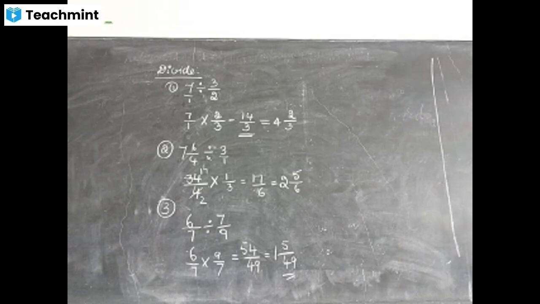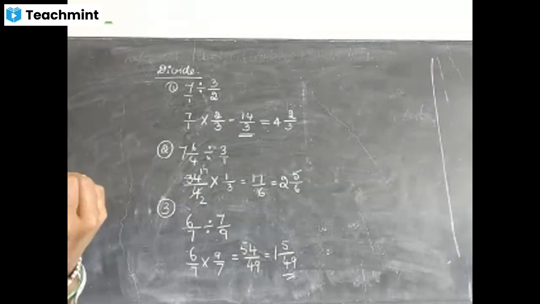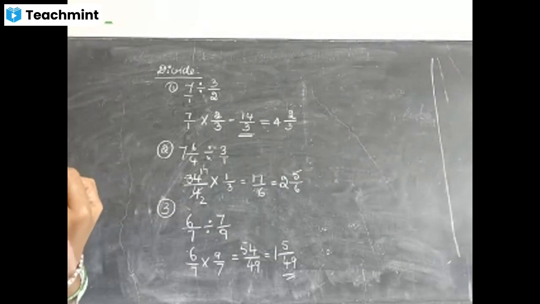Easy one, but you must know the table and you must remember the procedures. That's all. So I'm once again repeating: in addition and subtraction, if the denominators are not the same, you have to take the LCM and convert the numerator, then go for the addition and subtraction. In multiplication, there are no such conditions. If simplification is possible, simplify and multiply.